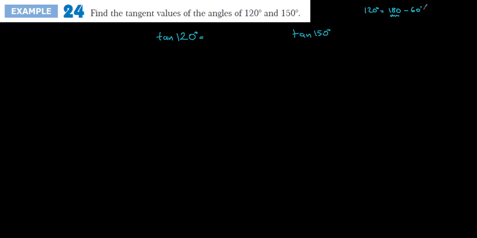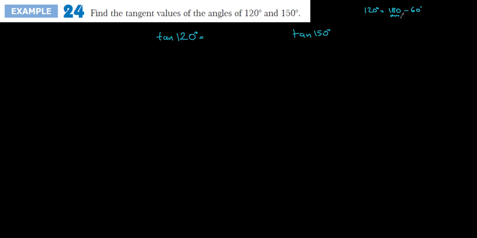Let's say 150 minus 30 is also 120, but we are going to use 180 or 90 degrees for this kind of questions, because on the unit circle, these are the critical points, which means the coordinates of the intercepts of the unit circle. That's why we are using 180, 90, and 270, 360 degrees. That's why they are important for us.